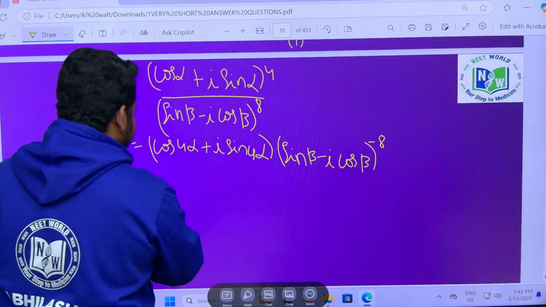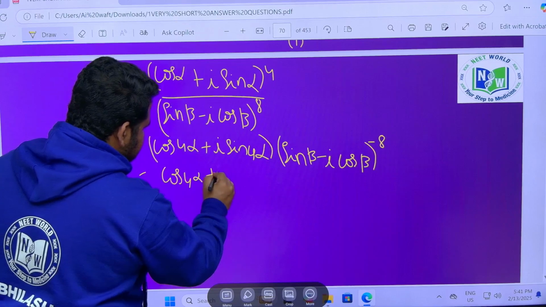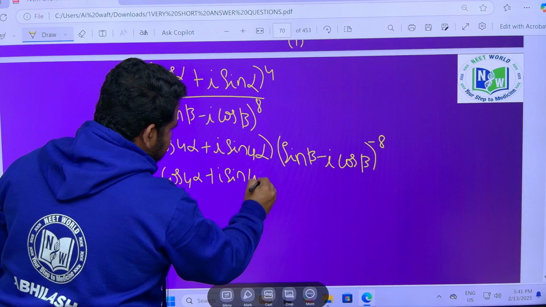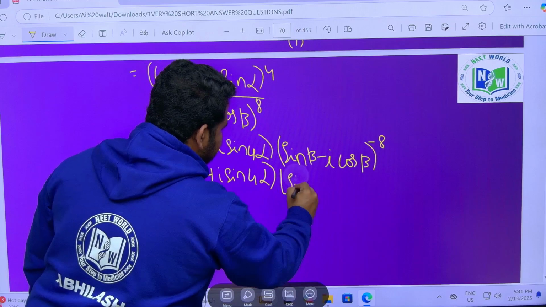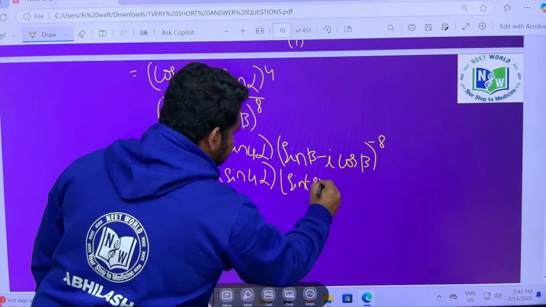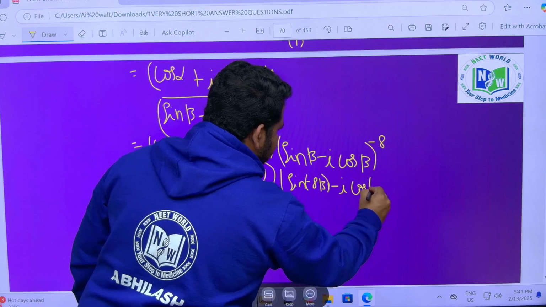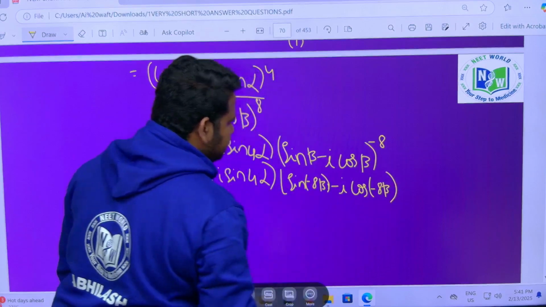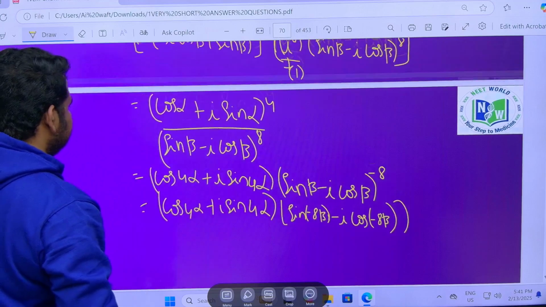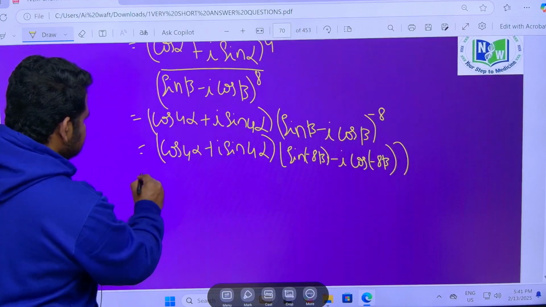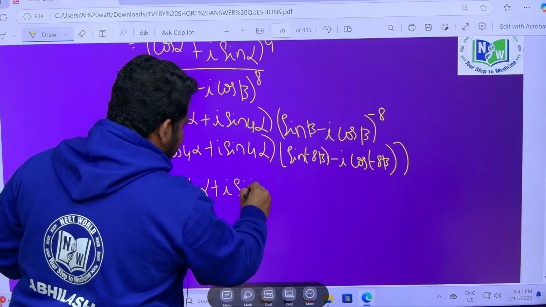So with the power of minus 8, this will become, friends, cos 4 alpha plus I sin 4 alpha, where I have applied De-Moivre's theorem. And with minus 8 coming here, this will be sin of minus 8 beta minus I into cos of minus 8 beta, into cos 4 alpha plus I sin 4 alpha.